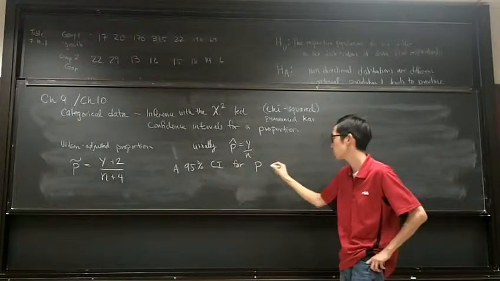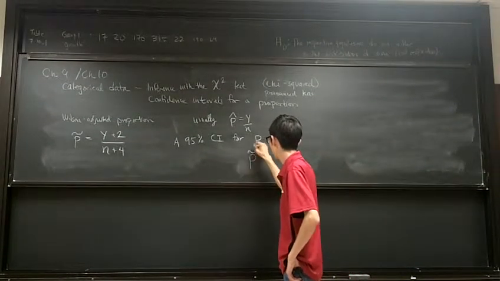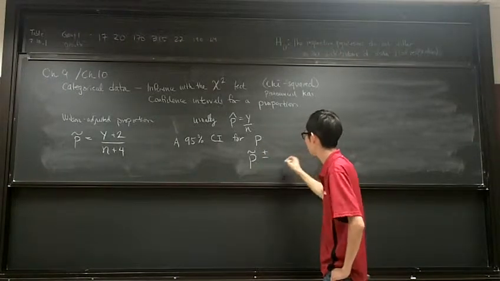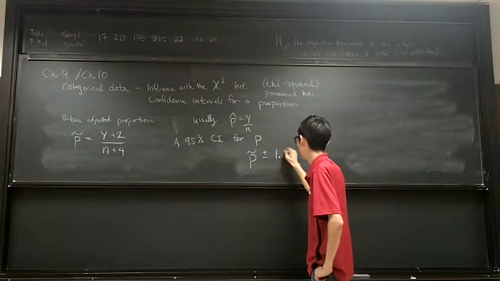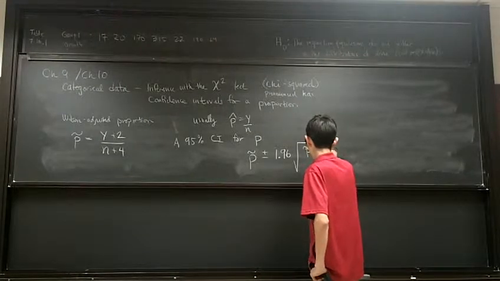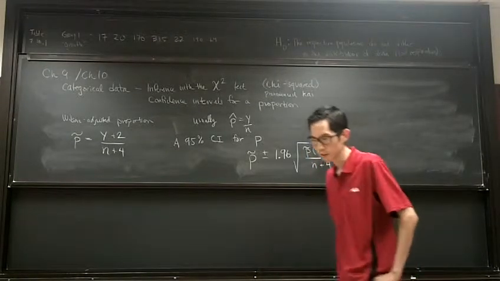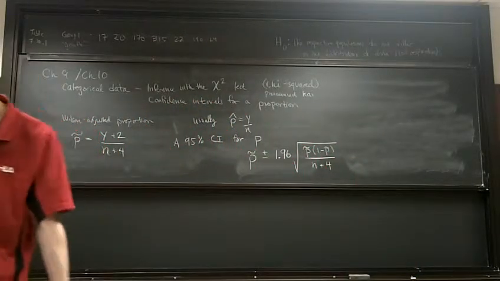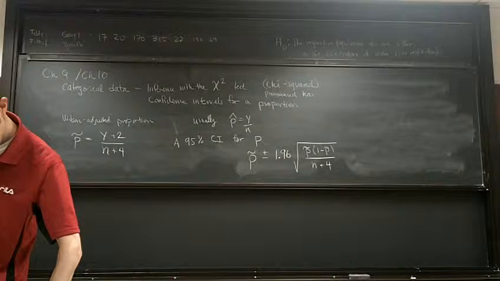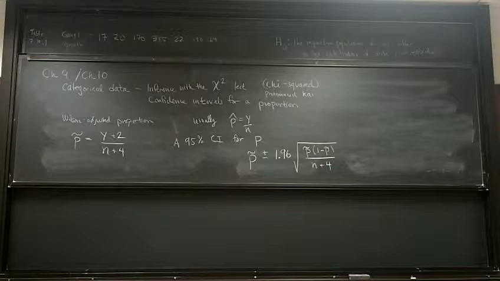Okay, so a 95% confidence interval for P. What we are going to do is say we are 95% confident that P is between P tilde plus or minus 1.96 times the square root of... and plus 4.